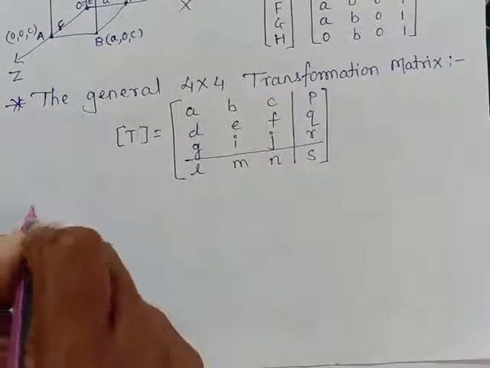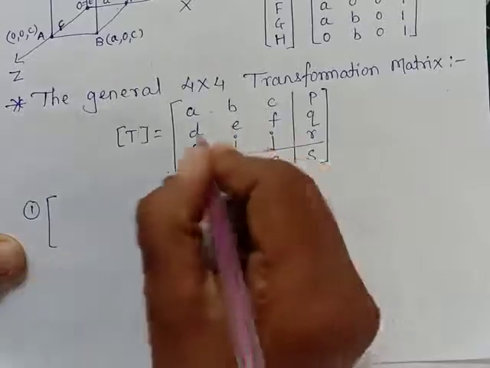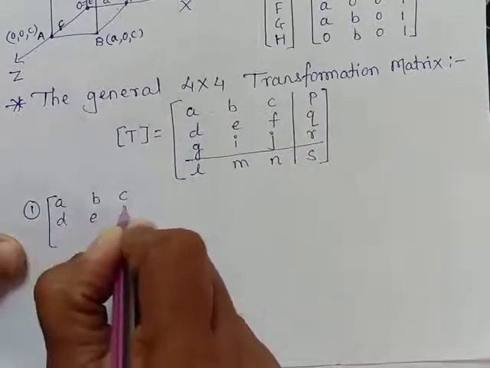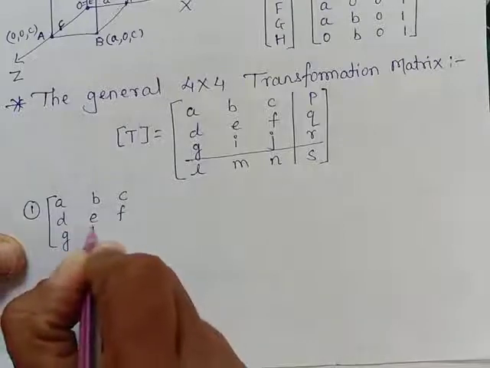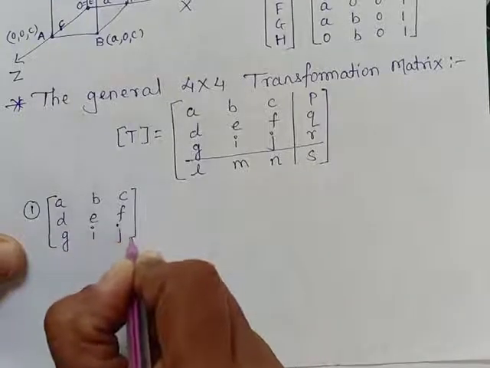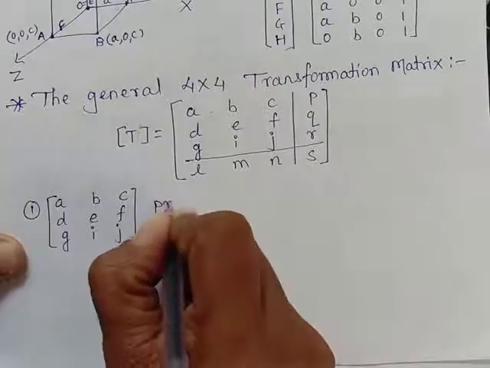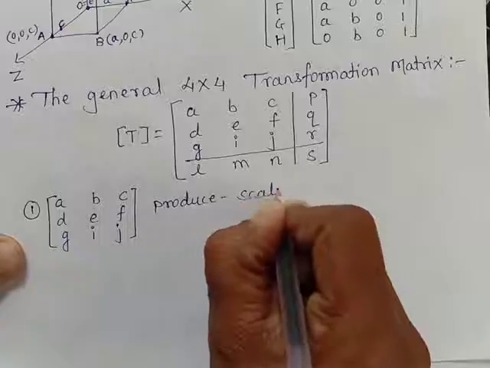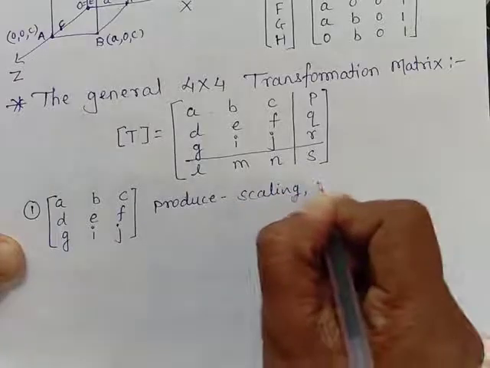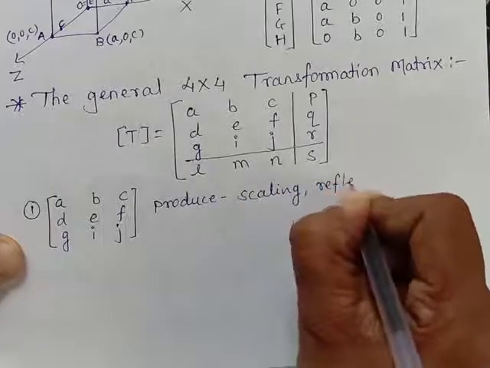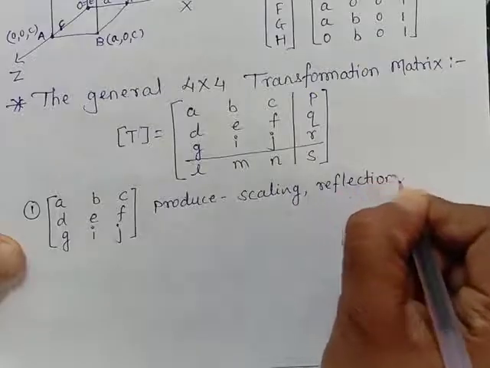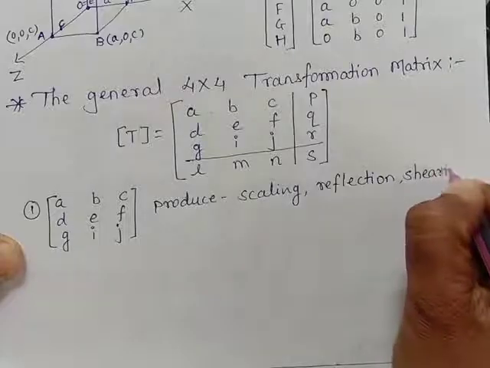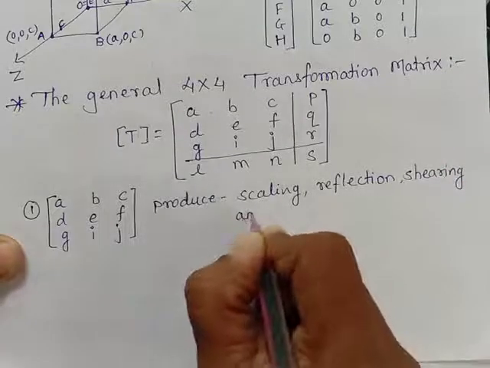Let me write these things. First, this matrix, this first part, A, B, C, D, E, F, G, I, J, produces scaling, reflection, shearing and rotation.